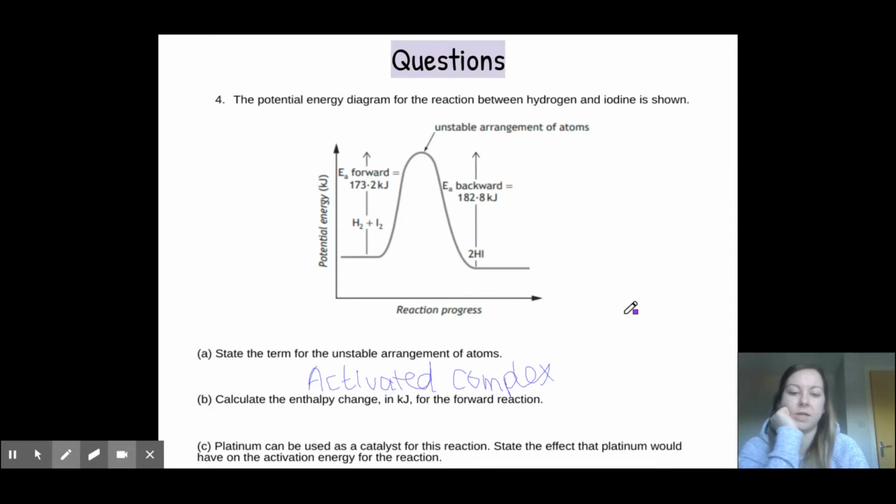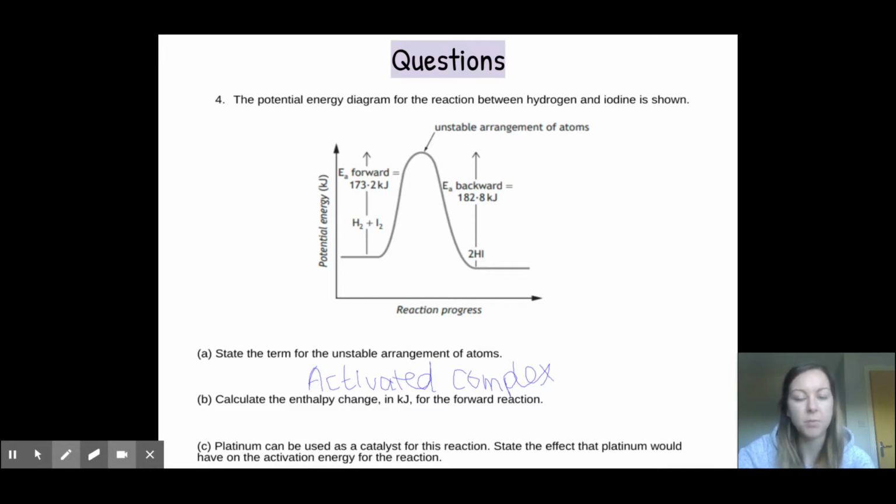Calculate the enthalpy change in kilojoules for the forward reaction. So the enthalpy change for the forward reaction, remember enthalpy is always the same. It is the straight horizontal line of the products, take away the straight horizontal line of the reactants. Now you might be looking at this graph and thinking there are no numbers on the scale.